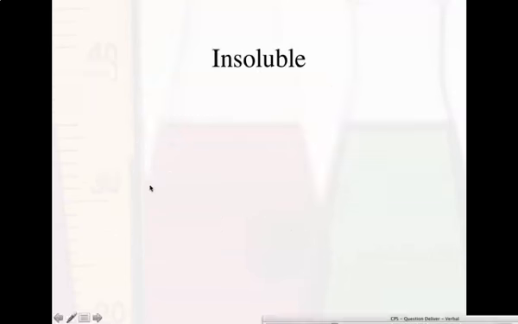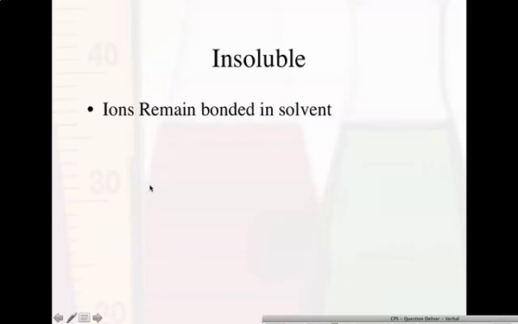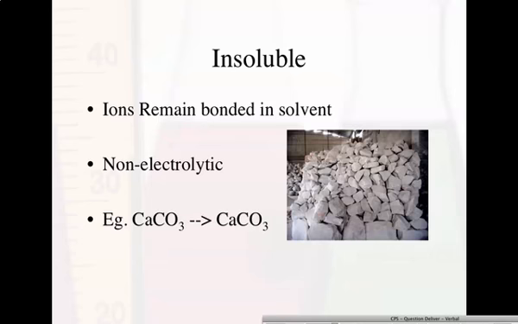Okay, insoluble is the opposite. The ions are going to remain bonded in solvent. They're not going to dissociate. So it is non-electrolytic. They don't form electrolytes. And an example is calcium carbonate here.